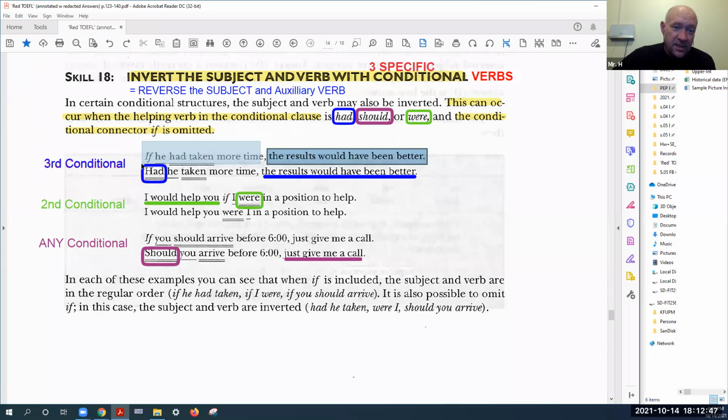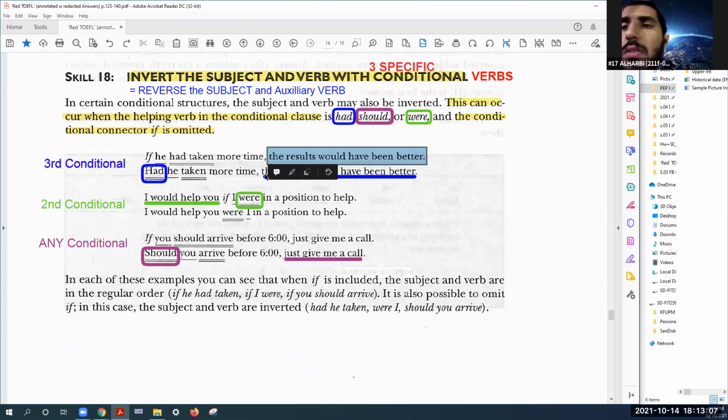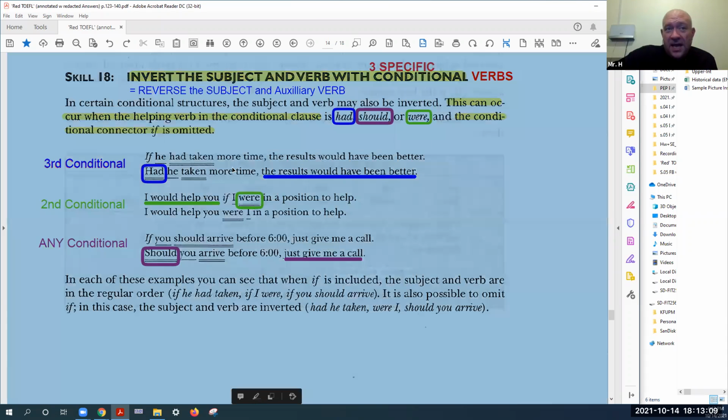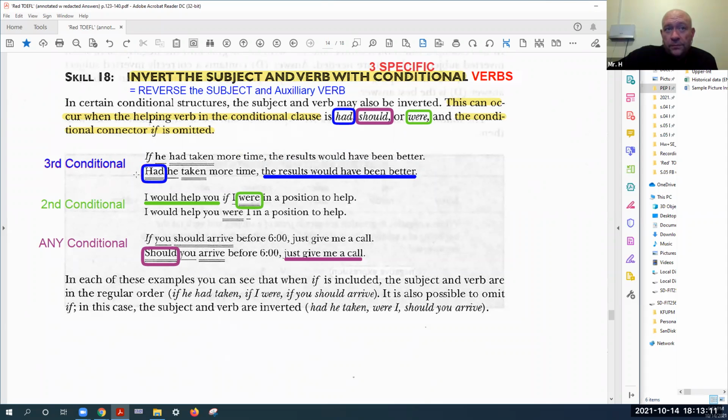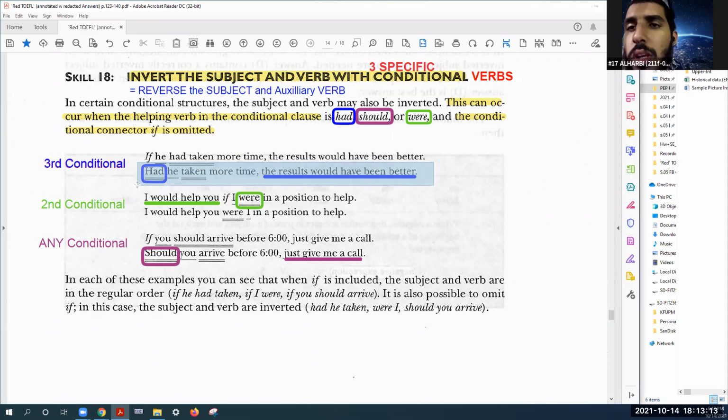The conditional clause has the connector. The main clause doesn't have a connector. Remember that? Read the second example. Had he taken more time, the results would have been better.